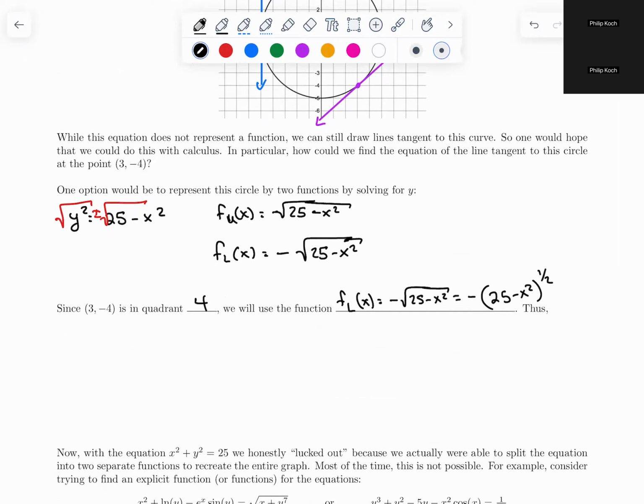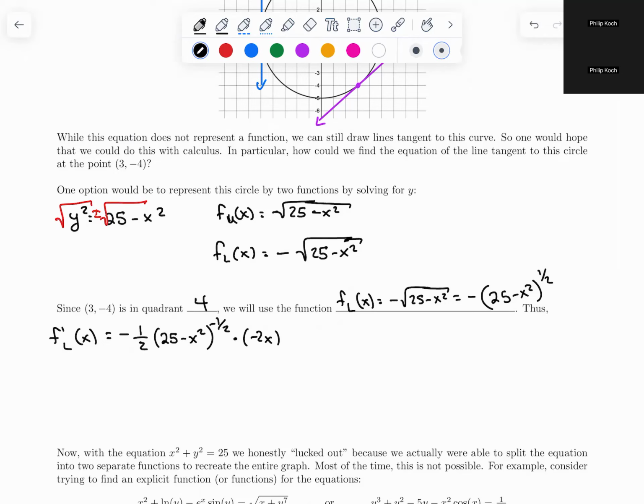So f prime sub L of x would be negative 1/2 times 25 minus x squared to the negative 1/2 times negative 2x by the chain rule. Inner function is 25 minus x squared. Outer function is the 1/2 power.